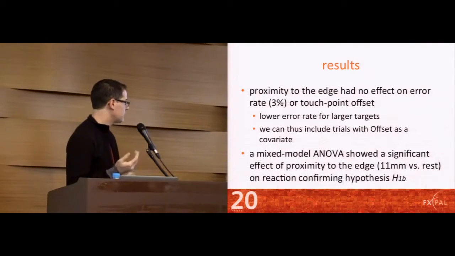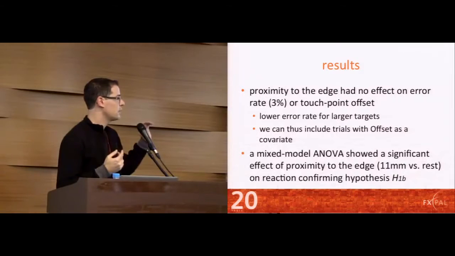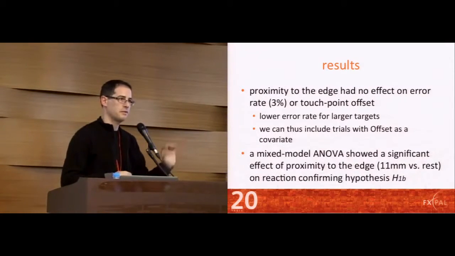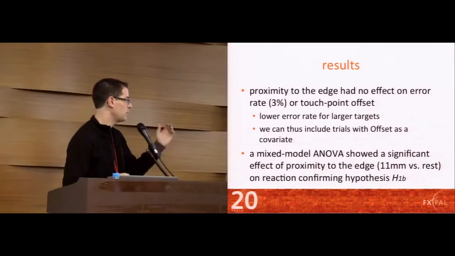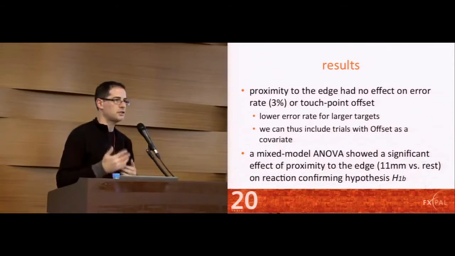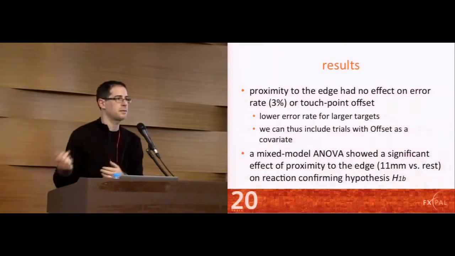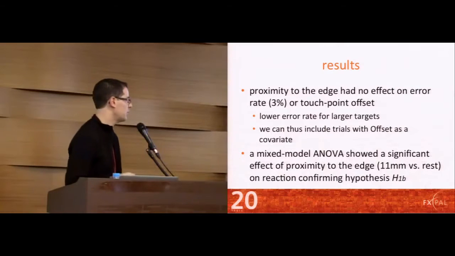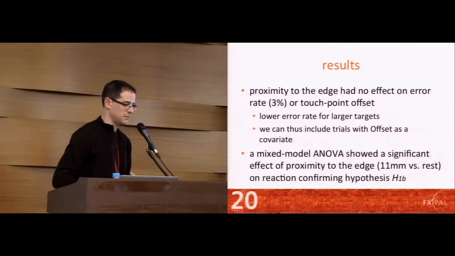And the second thing was that if we look specifically at those targets that were as far away from the edge as possible, the 11 millimeter targets, and those that were on the edge, we can see that there was a significant effect. So that just confirmed the results of the first experiment. So moving away from that setup that I showed you before to a handheld tablet did not remove the effect.